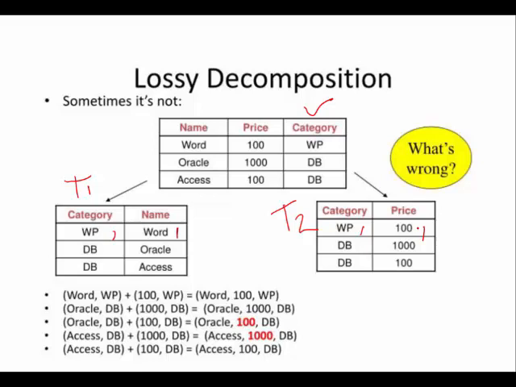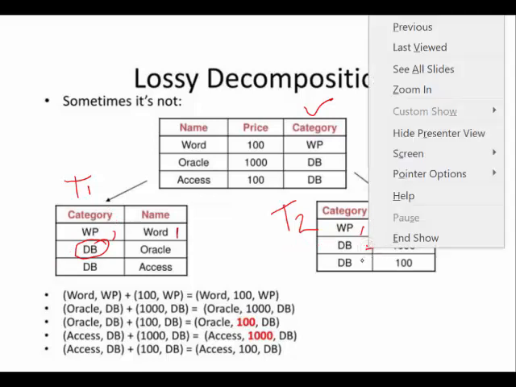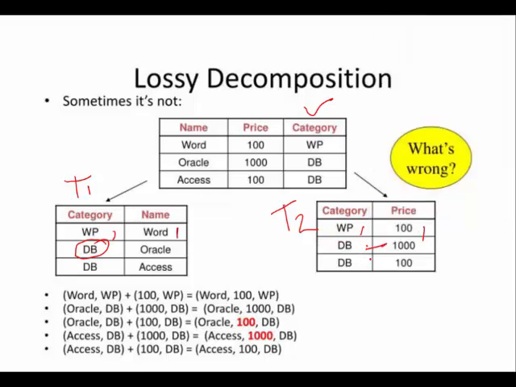In row 3 again, Oracle and DB, and then 110 DB. Why? Because in this intersection, in the attribute category, we have DB. When we have DB, it consists of 2 data, DB with 1000 and DB with 100.